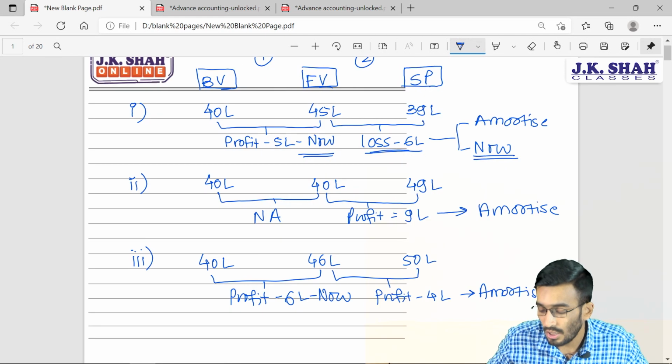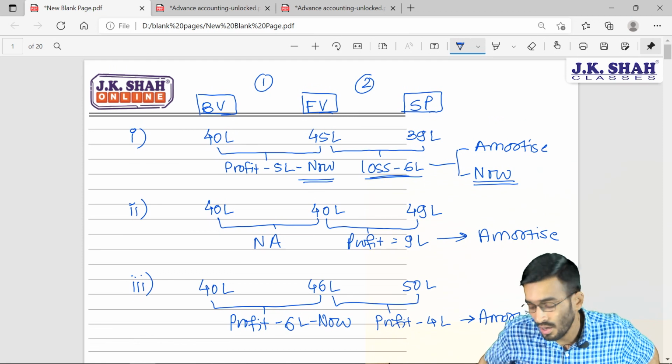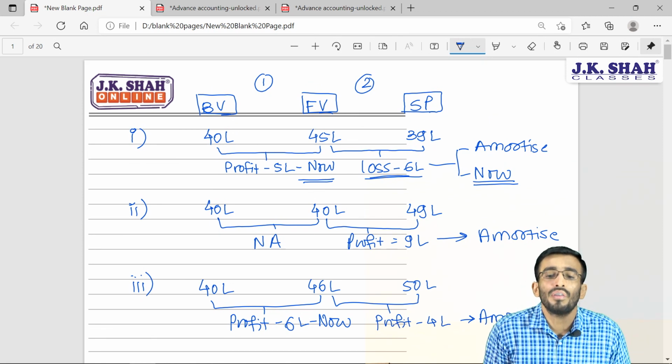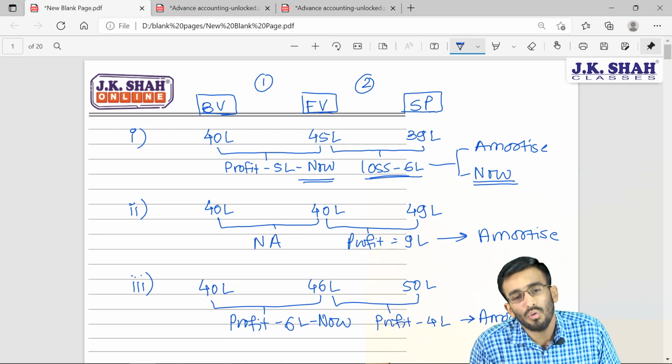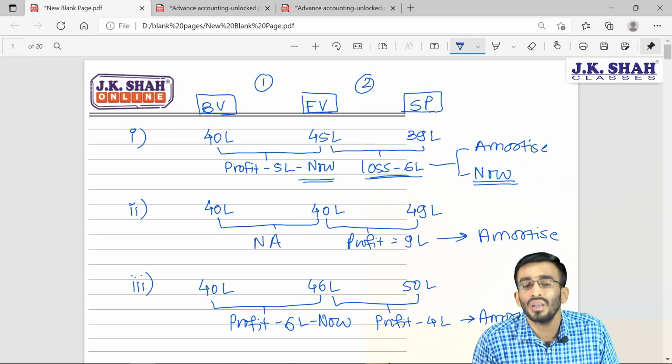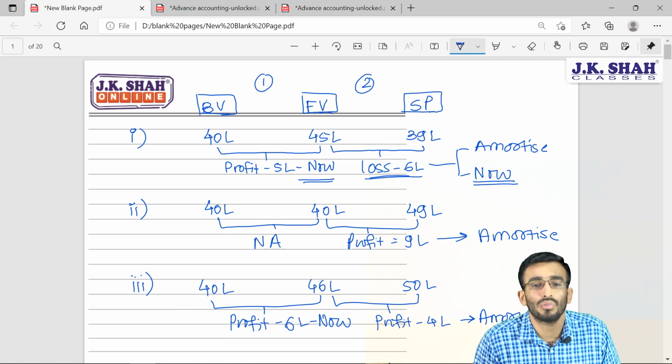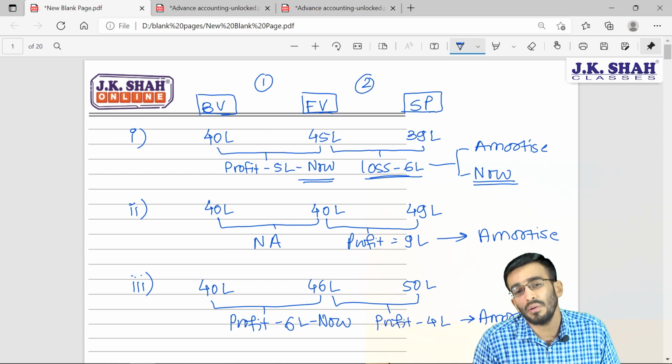So simply the logic is, first of all, you need to compare book value and the fair value. Whatever is a profit or loss, that you need to recognize immediately because that is a genuine profit or loss. In the second step, you have to compare fair value with the selling price. There, if there is a profit, then that profit will be definitely compensated by future lease rental.